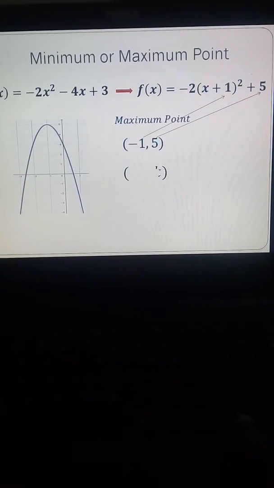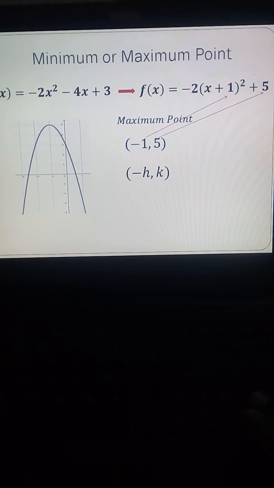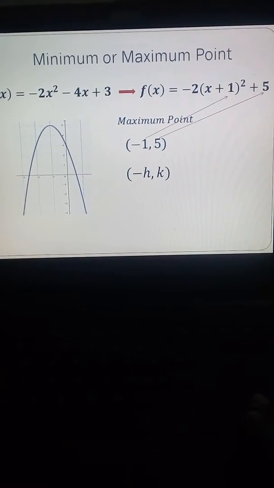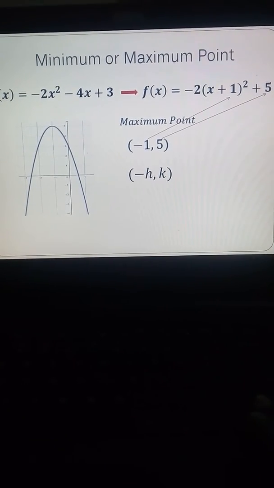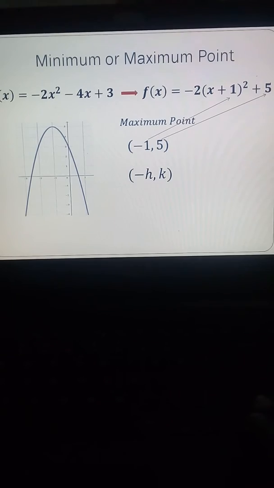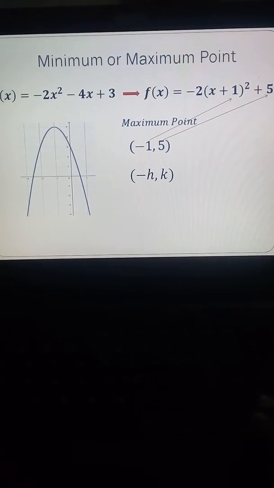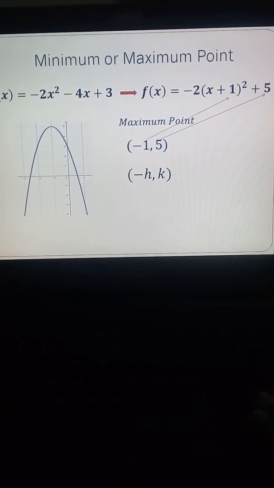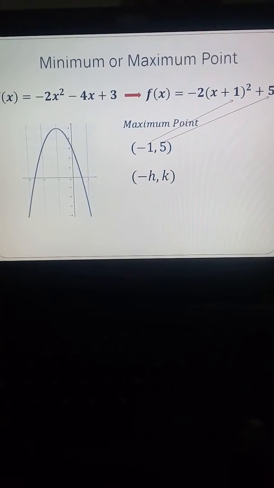So we can conclude that h will be our x value, but with h, we have to change the sign. So if h is a positive 1, for the maximum or minimum point, it will be a negative 1. Or if it's a negative 5, the x value would be a positive 5. Whatever sign it is, it's the opposite sign in the maximum or minimum point.